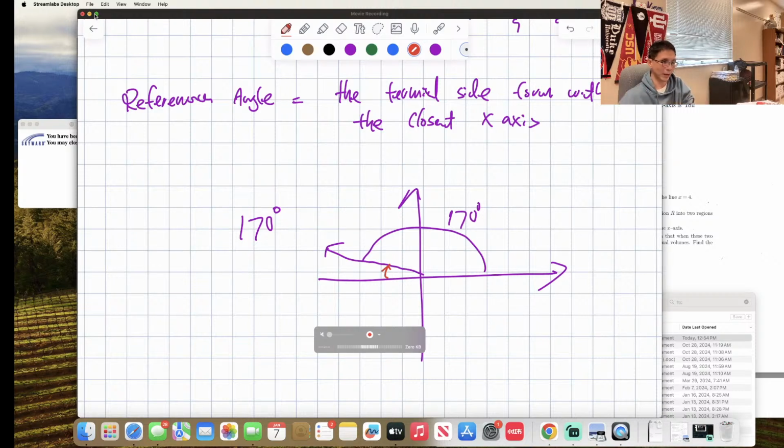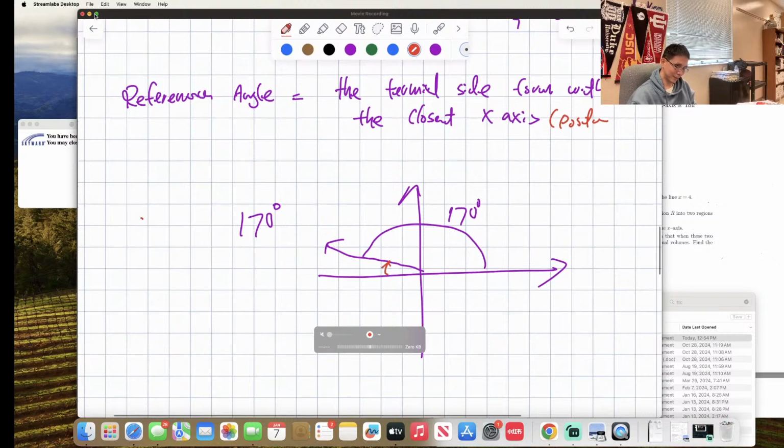Closest axis. Not the one on the right, but the one on the left because it's closer to there. But it has to be positive. So in this case, it's 10. So the reference angle of 170 is equal to 10 degrees.